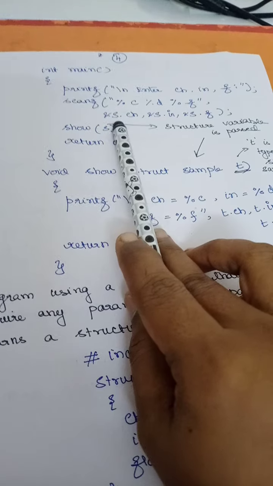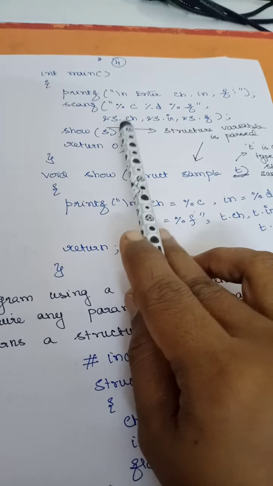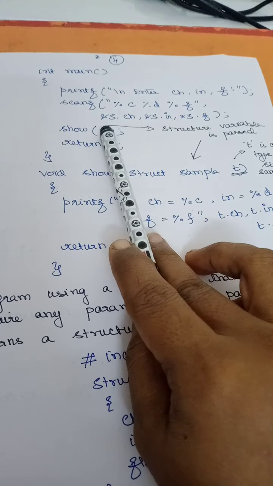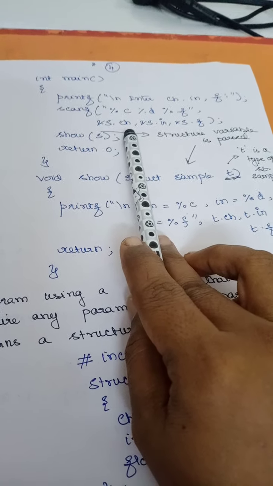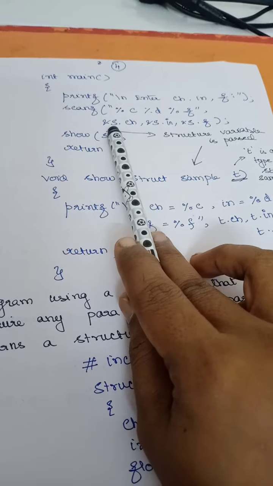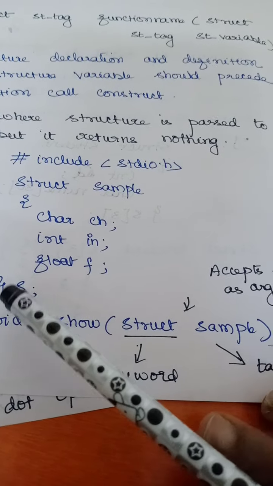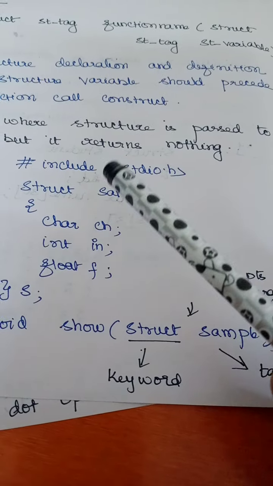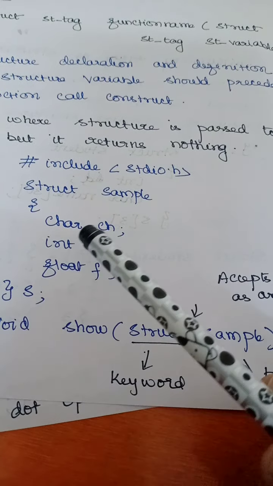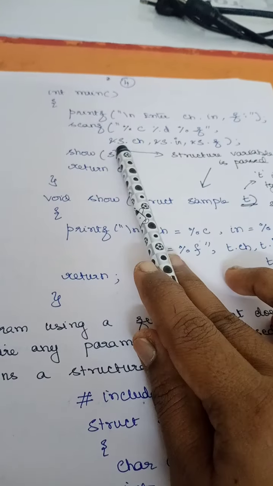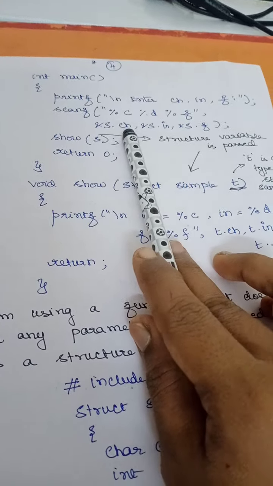So ampersand, instead of just a, we have written the structure variable dot member. Don't forget this. s is my structure variable, so s dot member, s dot member, s dot member. That is what we have written here.